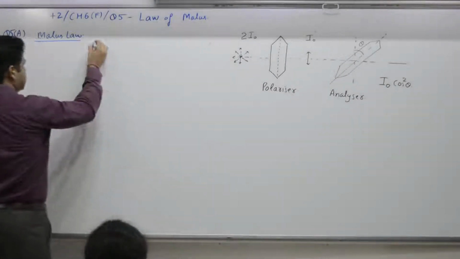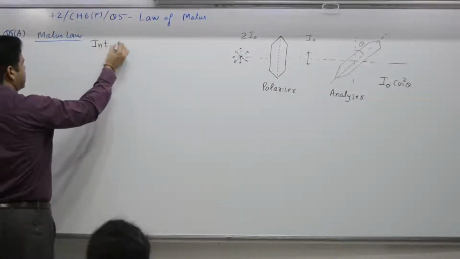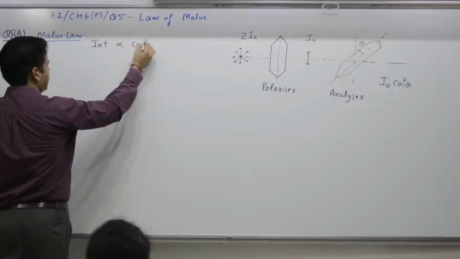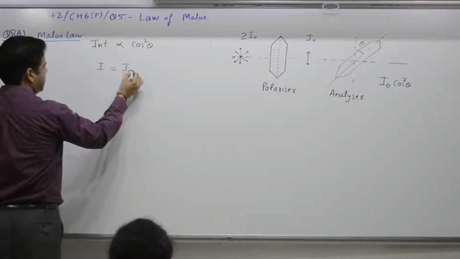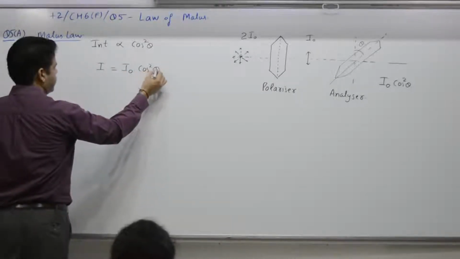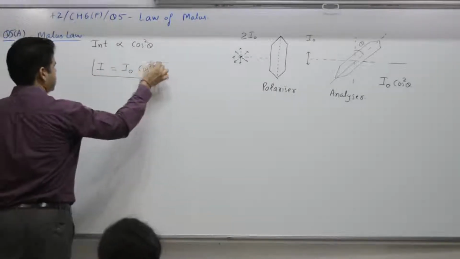Law of Malus, as per this diagram: intensity is proportional to cos square theta. I is equal to maximum intensity I naught into cos square theta. This is the law of Malus.